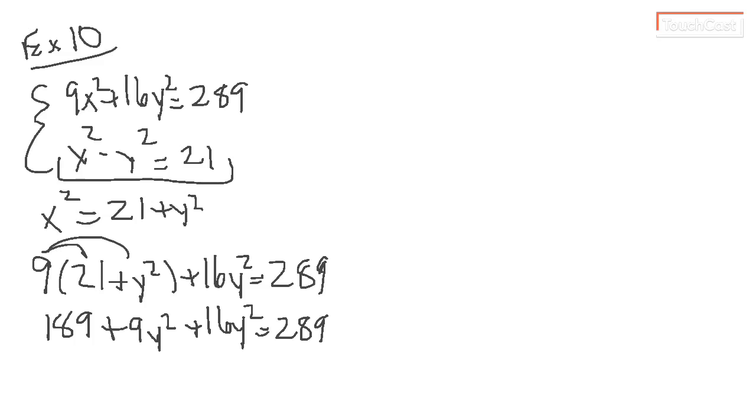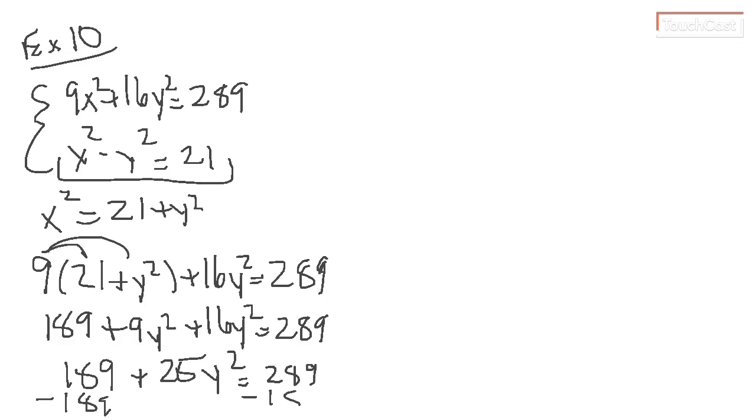So let's combine our y squared terms. We're going to have 189 plus 25y squared equals 289. We can subtract 189 from both sides. We're going to get 25y squared equals 100.